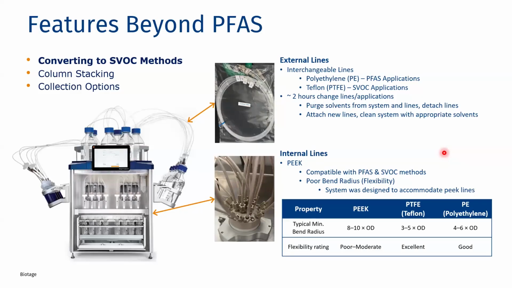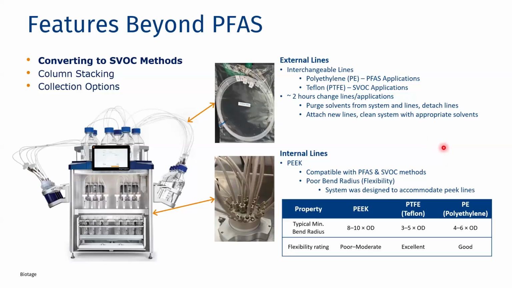We went from SVOC applications to PFAS, and we ran some blanks right after, and we were well below the acceptance criteria for the method blanks on the PFAS, so it definitely worked. You can switch from SVOCs to PFAS testing within a day.